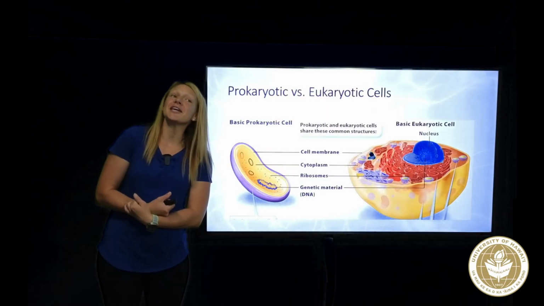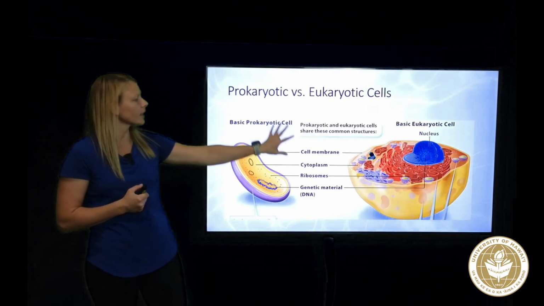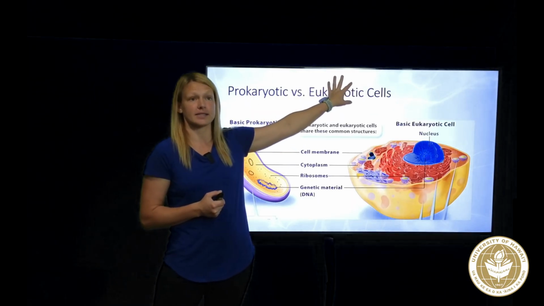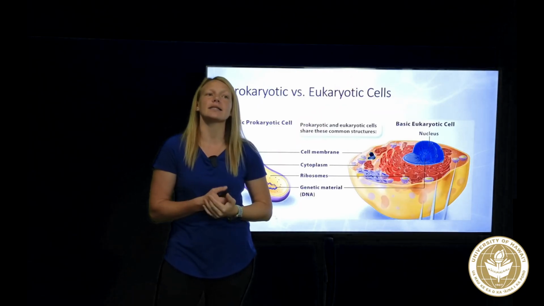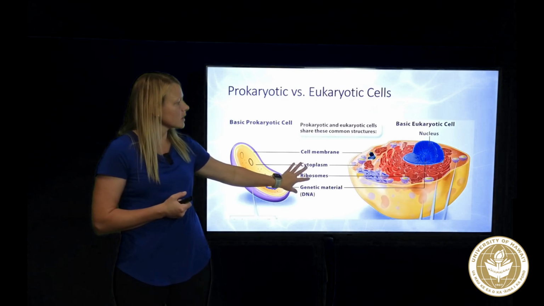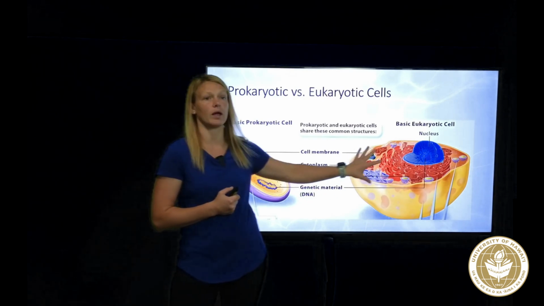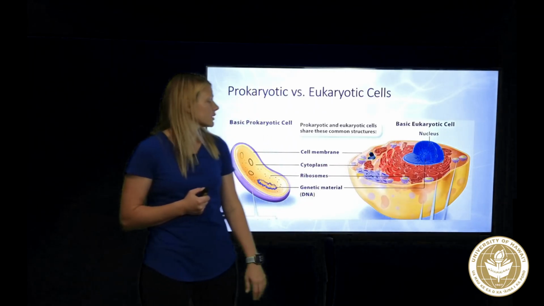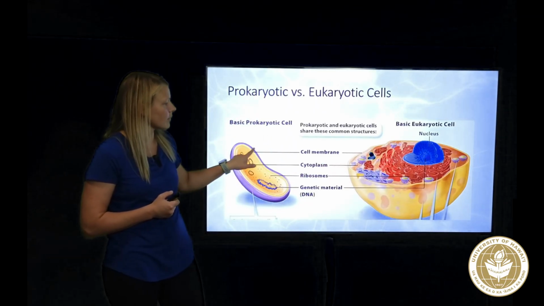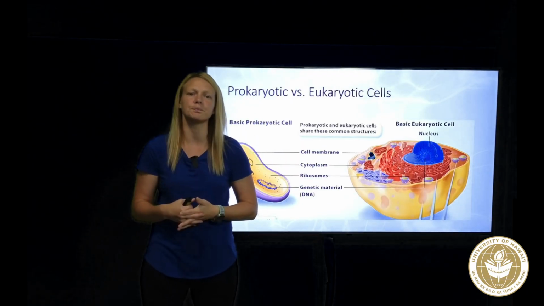So just to kind of recap a little bit here, when we look at our prokaryotic versus our eukaryotic cells, what we find is that there are actually 4 structures that are found in both prokaryotic as well as eukaryotic cells. So they each are going to have a cell membrane, which is going to kind of keep everything together inside of that cell.